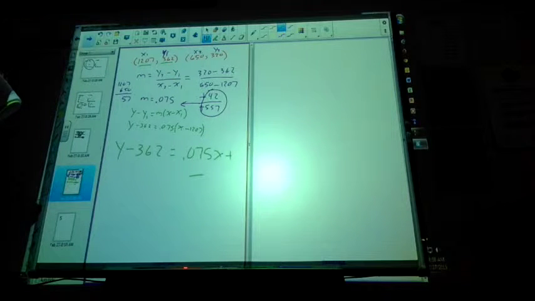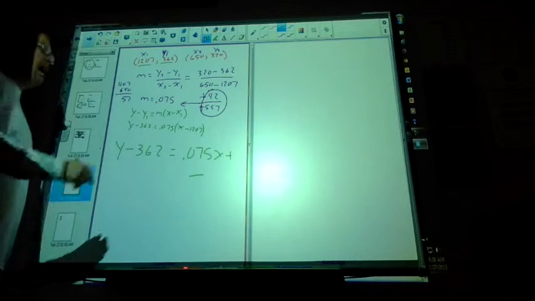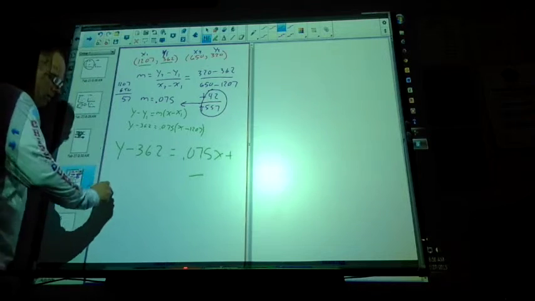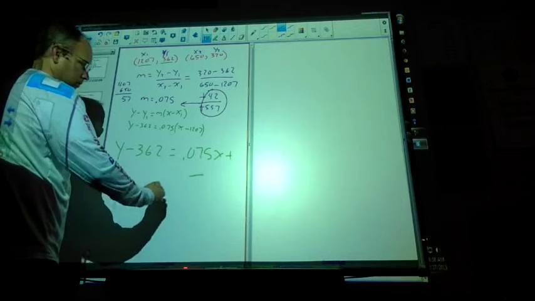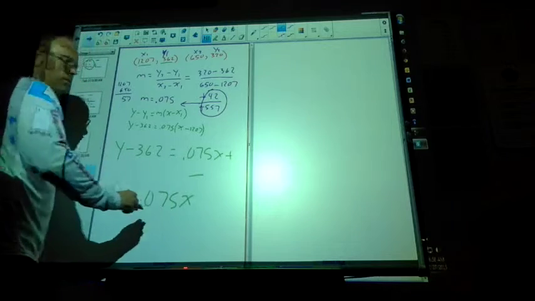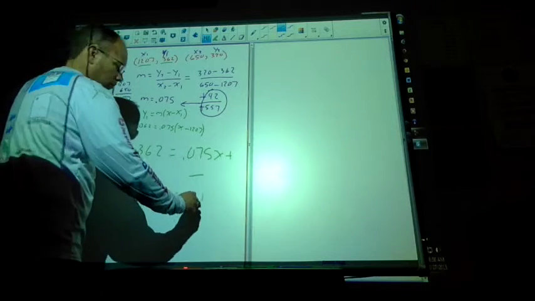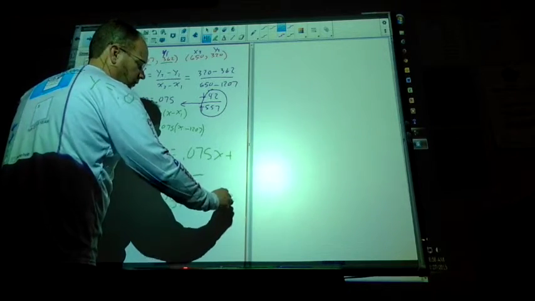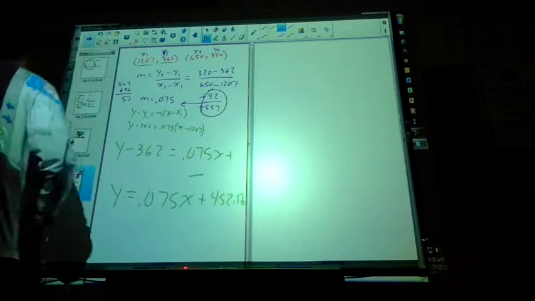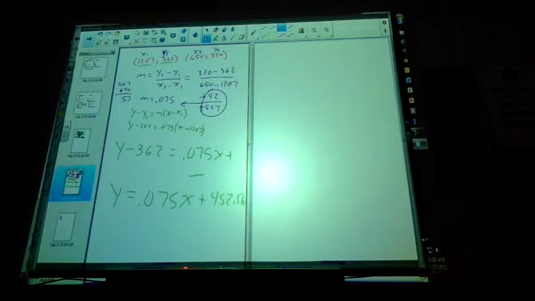Add 362 to that. $452.56. How close is that to 452.52, our line of best fit that we just found? It's pretty close. So I might have picked 2 okay points.